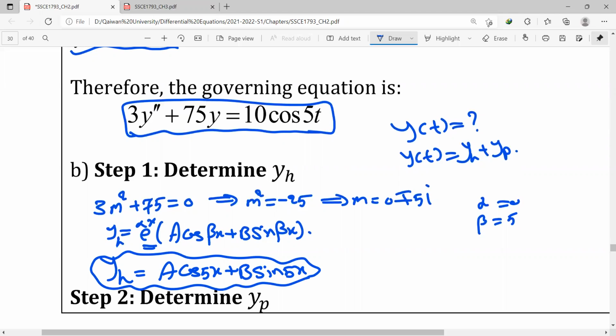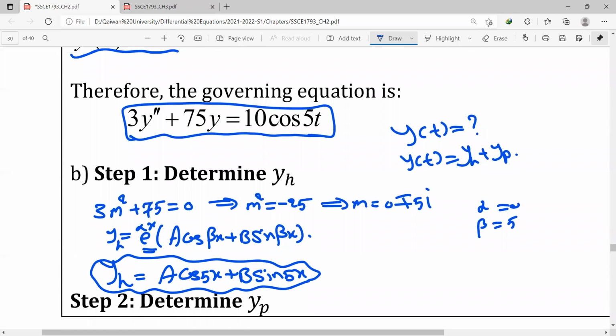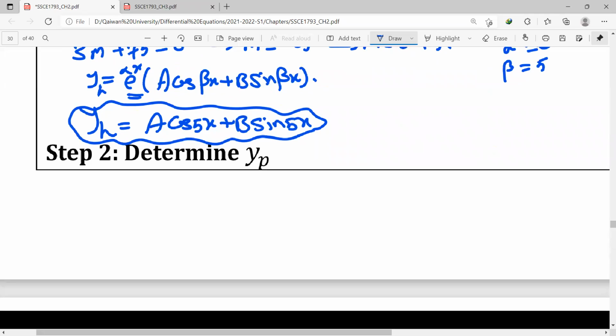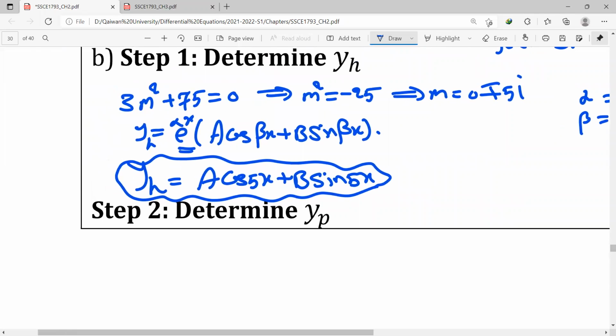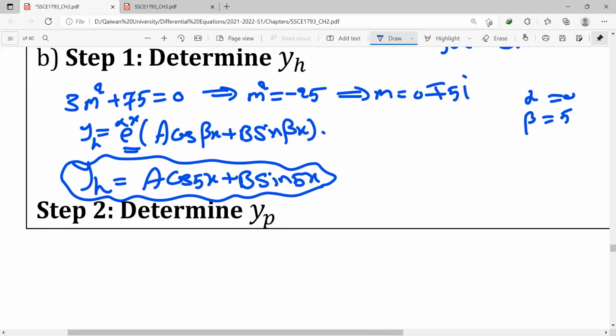Okay. Now we try to find the particular solution. For the right hand side, it's 10 cosine 5x.